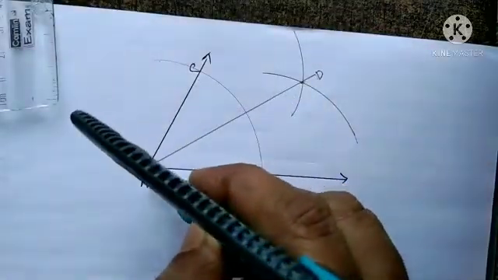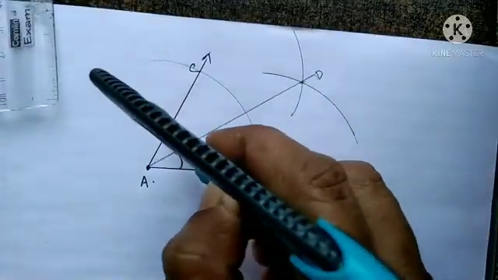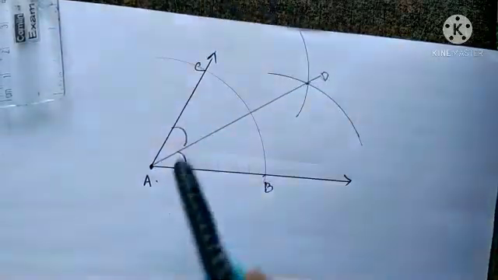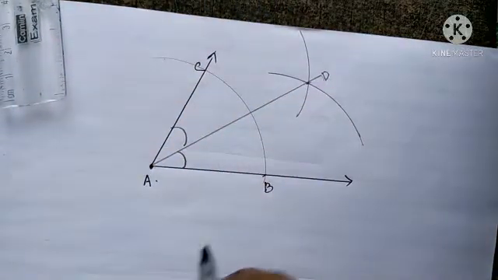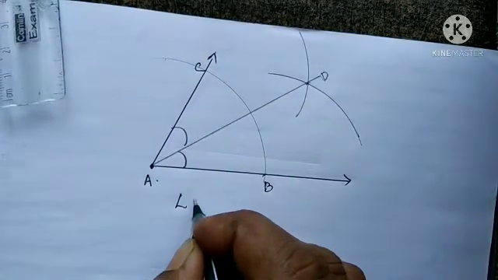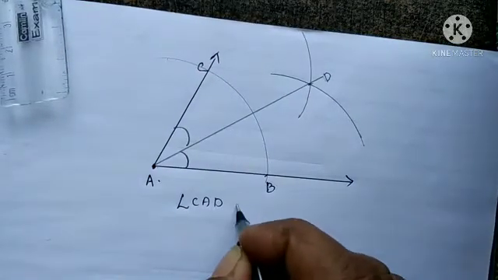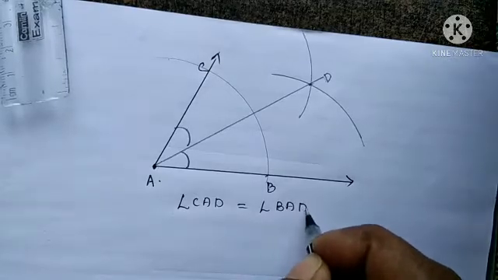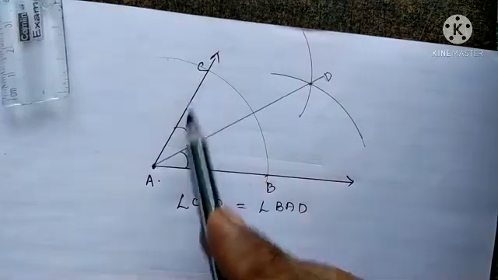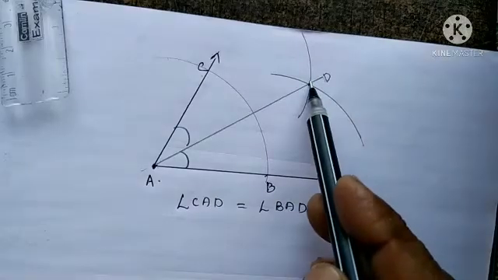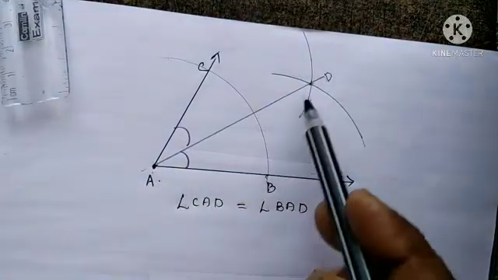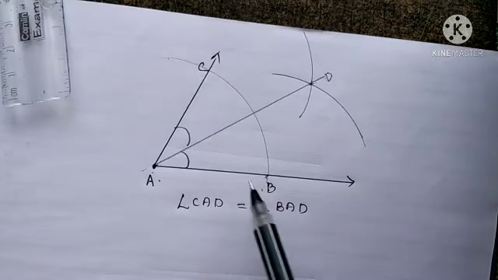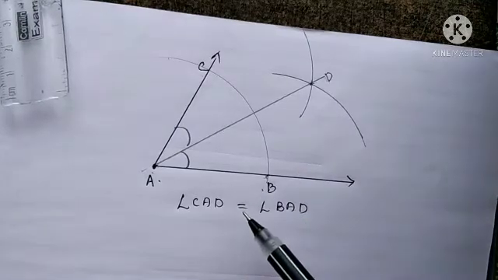So these two angles will be equal. This angle and this angle will be equal. That means angle CAD equal to angle BAD. Understood? CAD, first angle, second angle BAD or DAB. Anyway, you can write these two angles are equal.